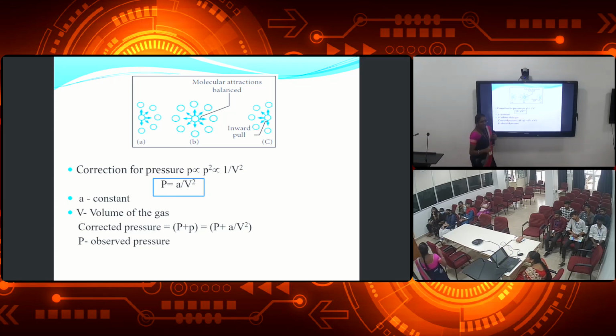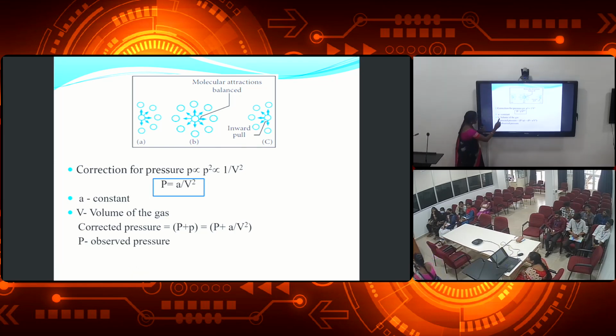So we can do the observed pressure correction: p is directly proportional to 1 by V squared, where V is the volume of the gas. Then p is equal to a by V squared, where a is the van der Waals constant.